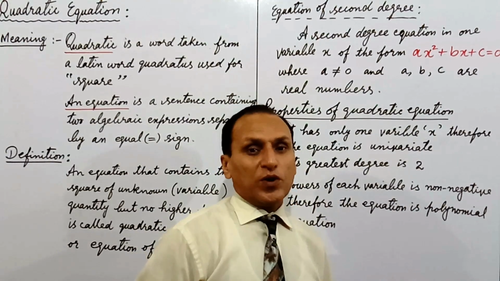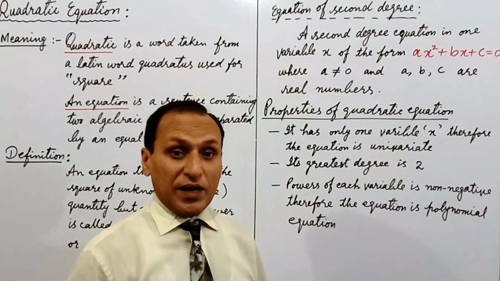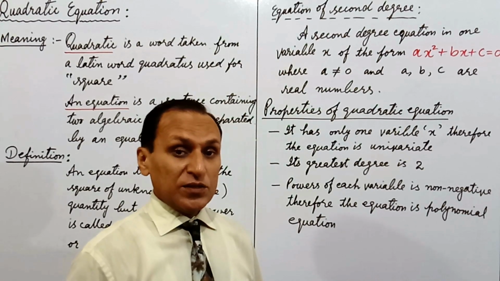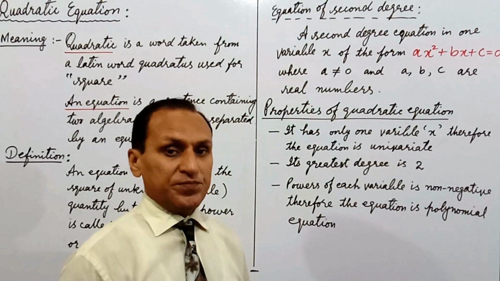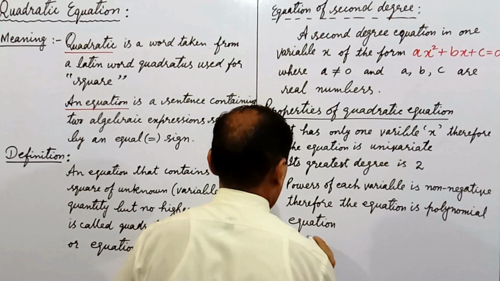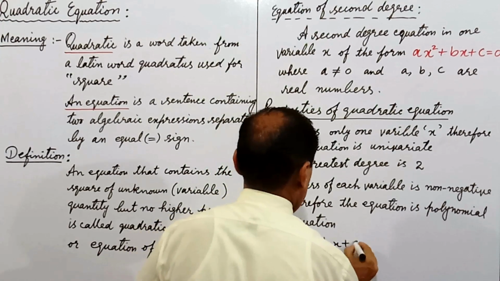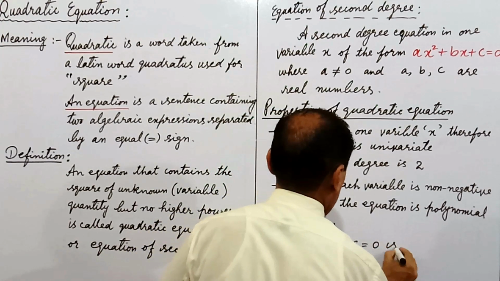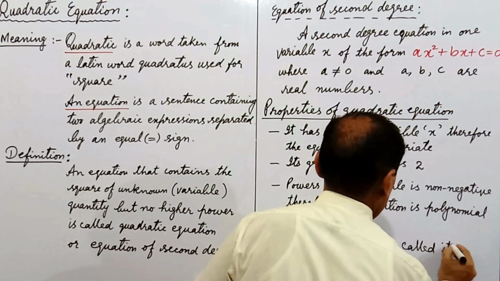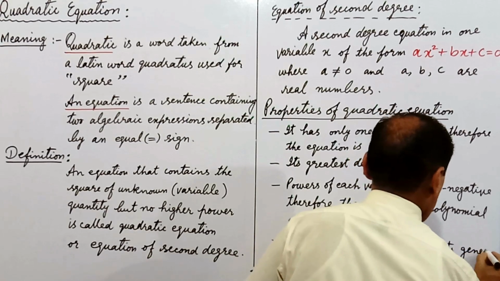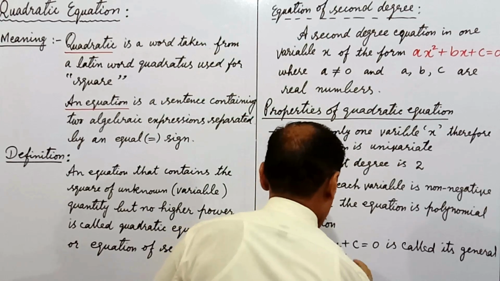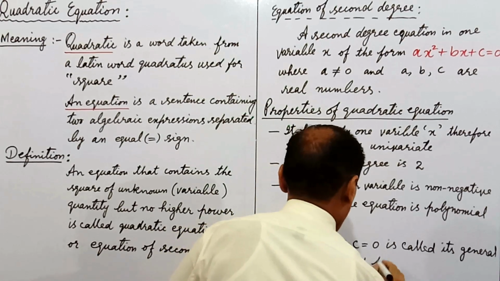Now you are familiar with not only the meaning but also the definition along with a few properties. So number four, ax square plus bx plus c is equal to 0 is called its general or standard form.